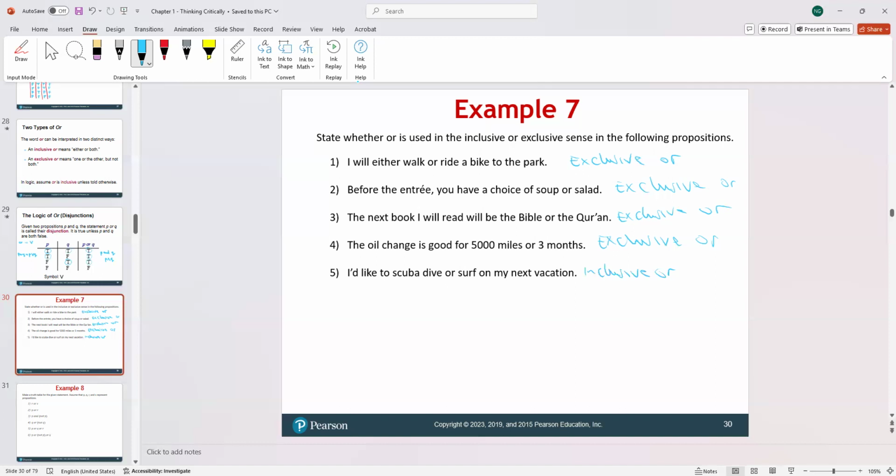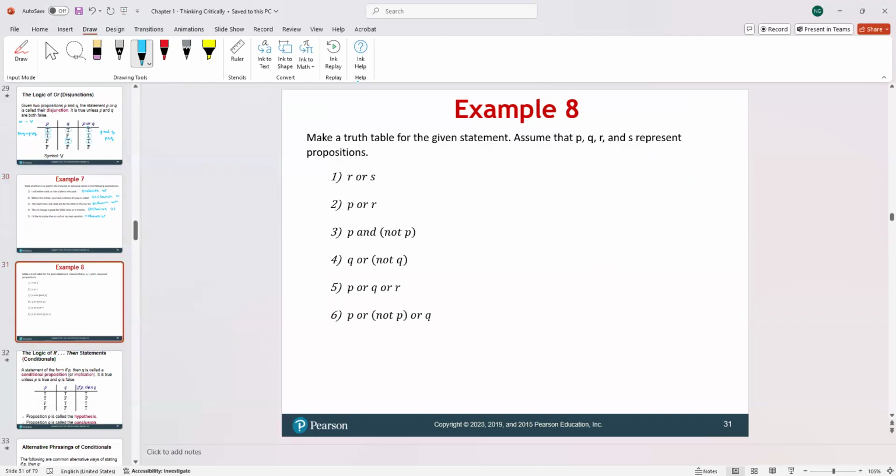So those are a few examples, and we can also see here with the or statements, it's very important to remember the or statement. If they ask us to do or for the first one, remember for one, we do R, S, and R or S. If you want to write it that way, that's fine.